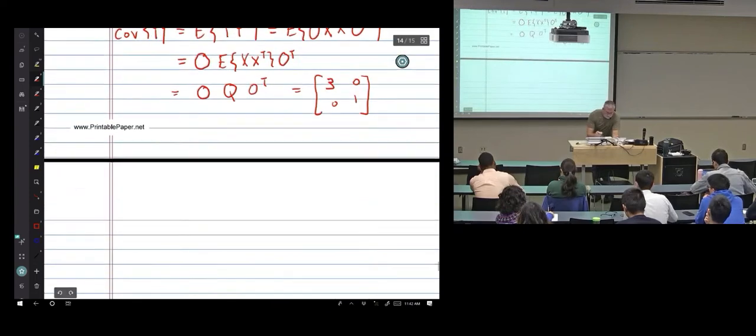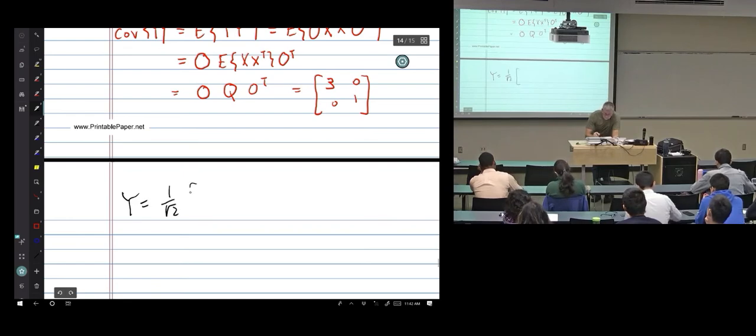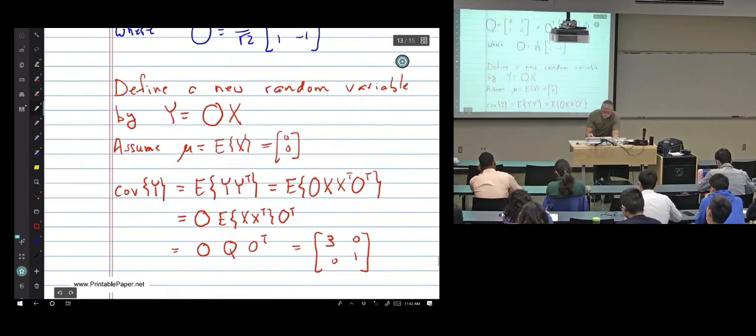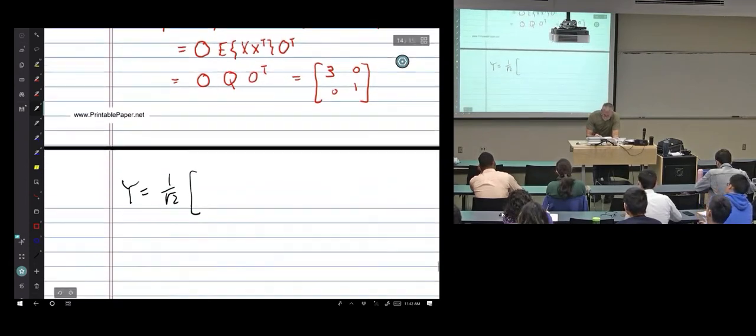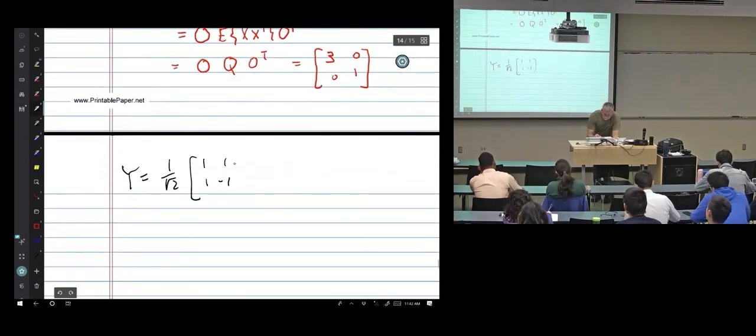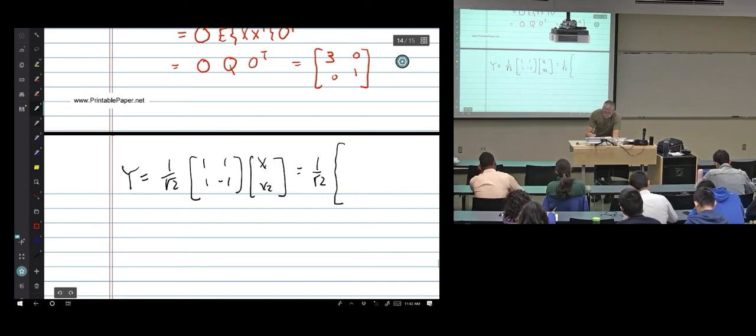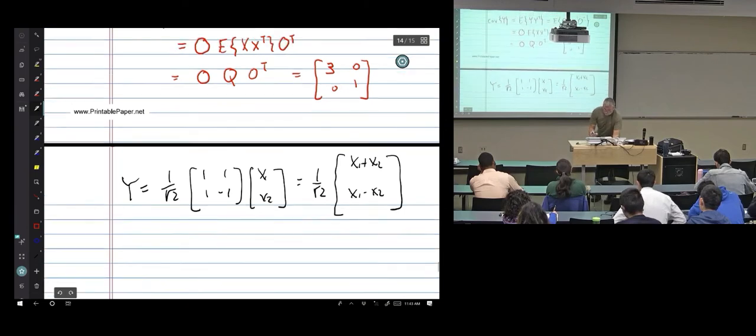Okay. Let's just do it quickly. What is this y? It's 1 over square root of 2, 1, 1. So this is x1 plus x2, x1 minus x2.